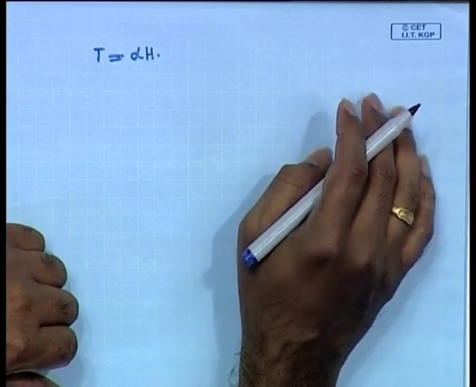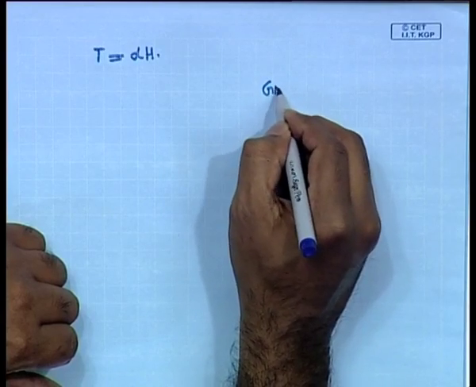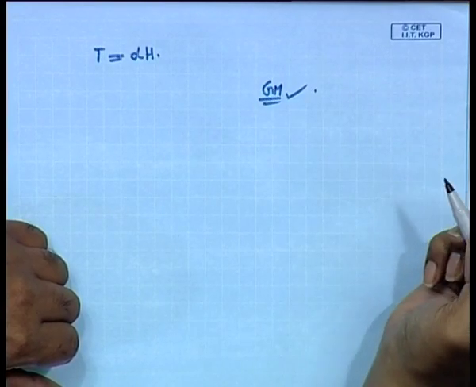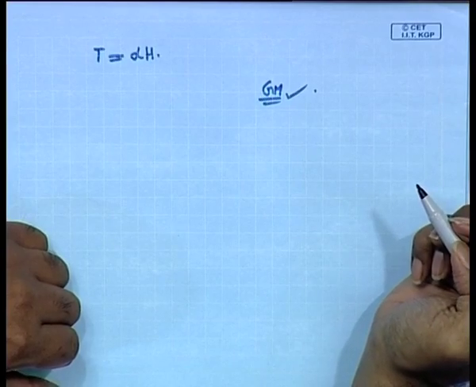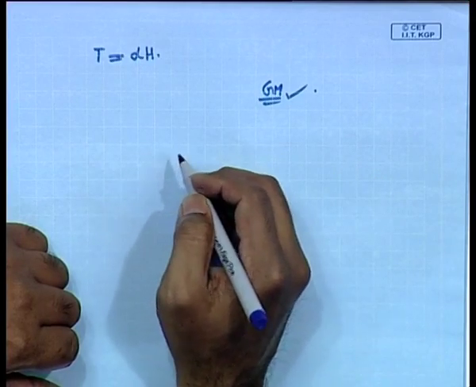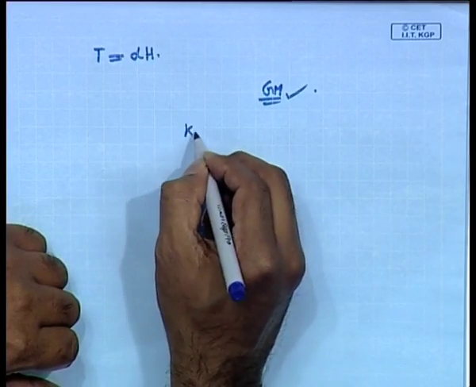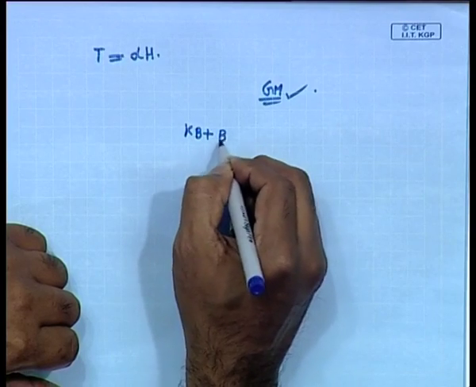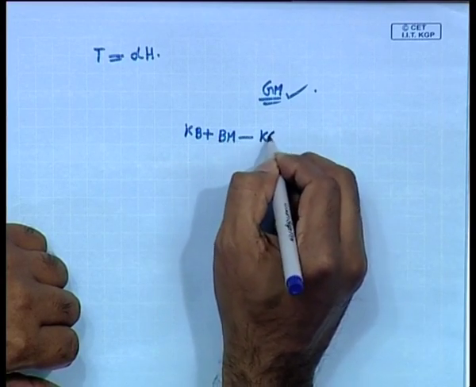Now we need to get GM. GM is our final goal, and GM of this system being greater than 0 will imply stability. To get GM, we need KB plus BM minus KG.